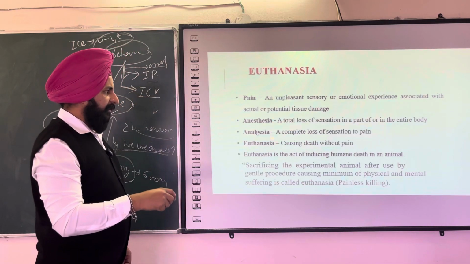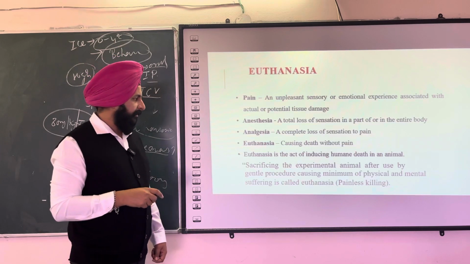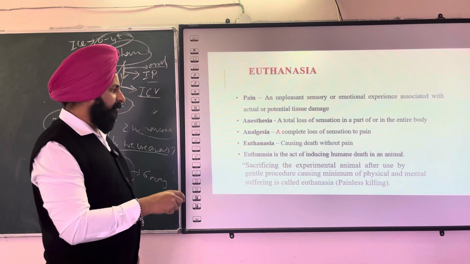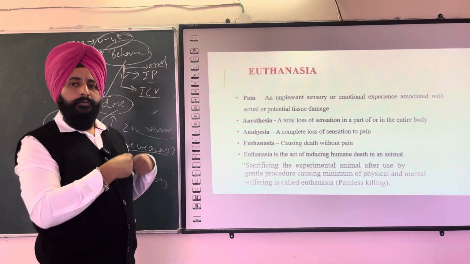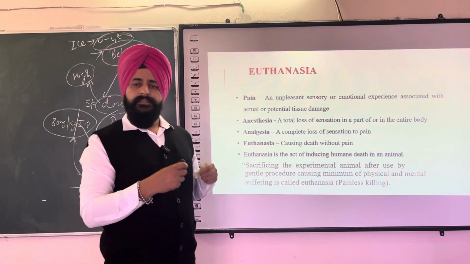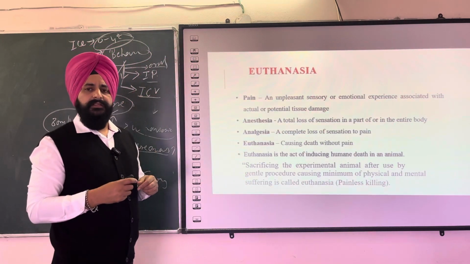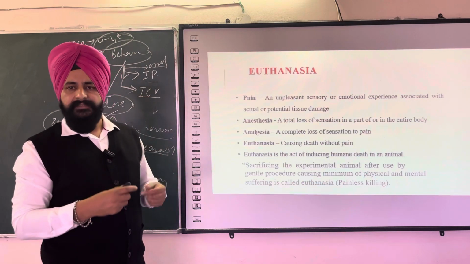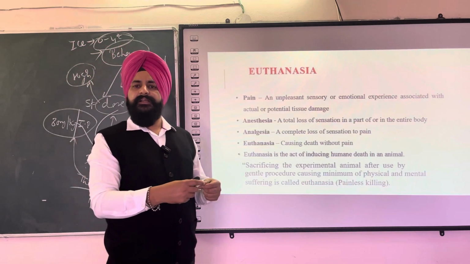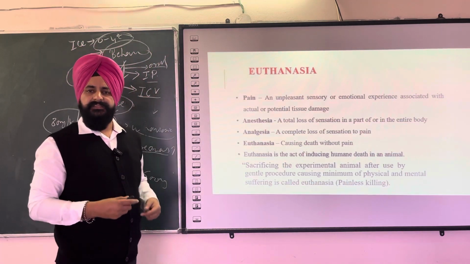Analgesics are the substances used to reduce the pain. Euthanasia is the process by which we can give a good death to the animal. Eu means good, thanasia means death. So we cause the death of the animal, but in a better way, without producing any kind of pain or any other sensation.